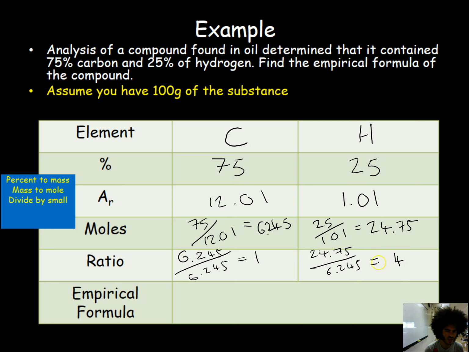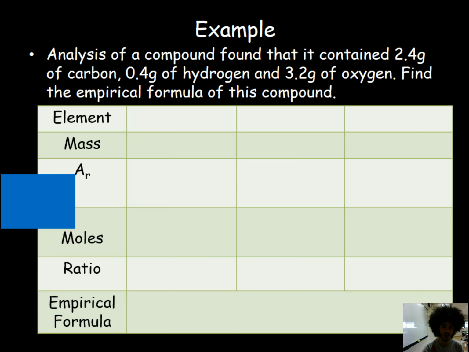Okay, or more or less 4. So I've got 1 carbon and 4 hydrogen, so the solution is CH4. Okay, so it's as simple as that. So what I'd like you to do now is I'd like you to have a go with this problem. Please pause the video now, attempt it, and then we'll go for the answer together.